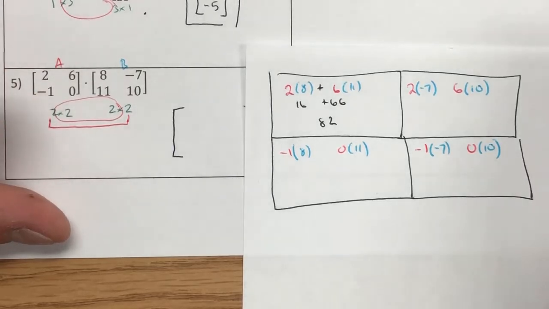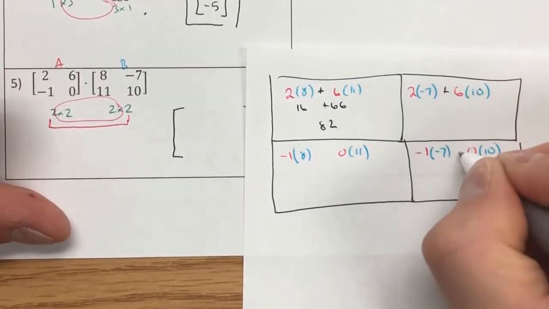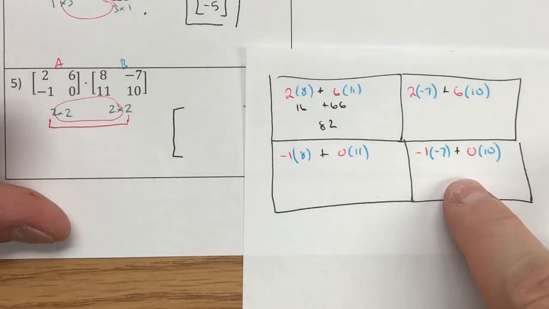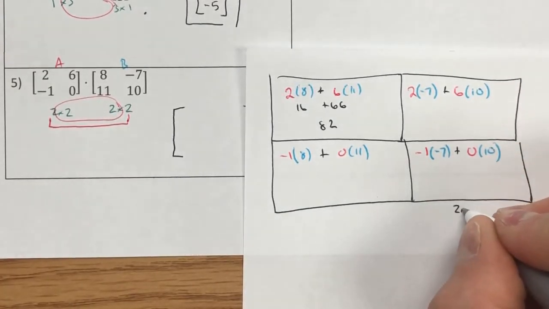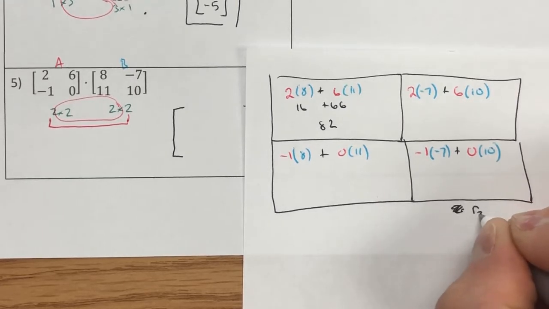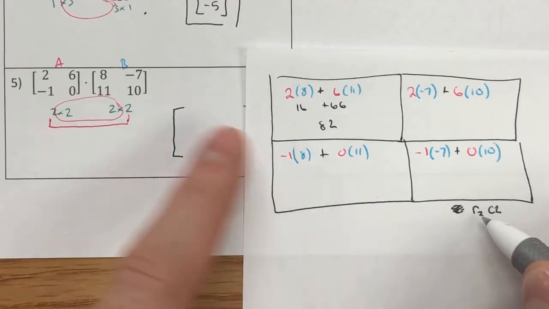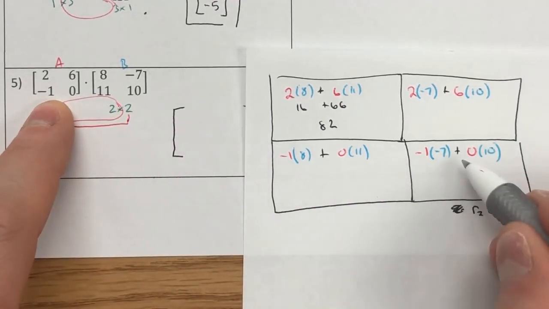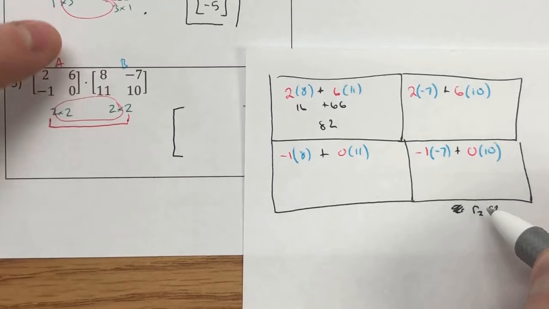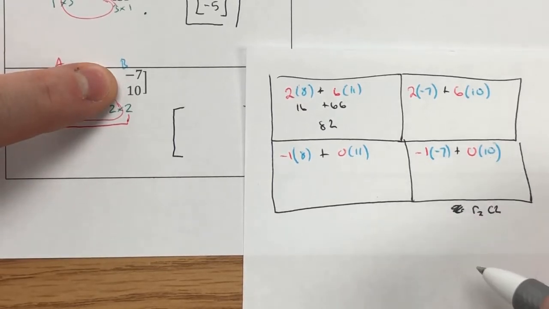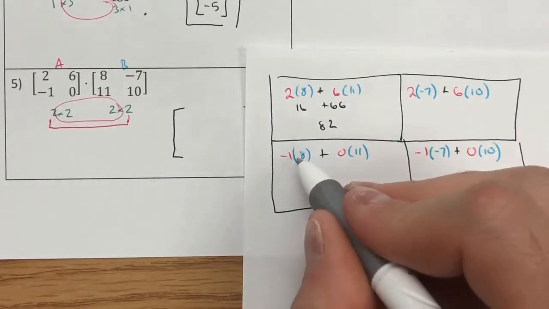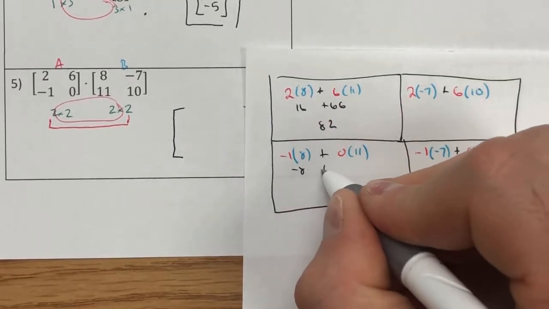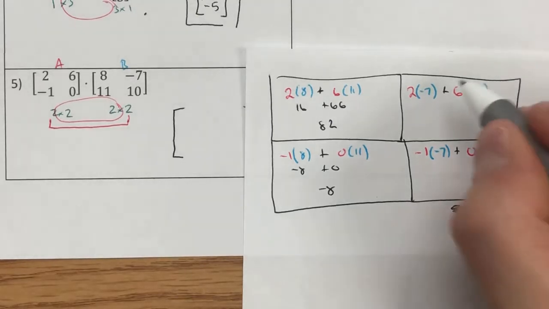Boom. And we can actually verify that these numbers work if we look at, okay, so of my new answer matrix, this is going to be the second row, let's say row 2, and column 2. So I should be looking at row 2, which is the negative 1 and the 0, and column 2, which is going to be the negative 7 and the 10. So boom, I know that that's going to work out. That's going to give me a negative 8 plus 0, negative 8.